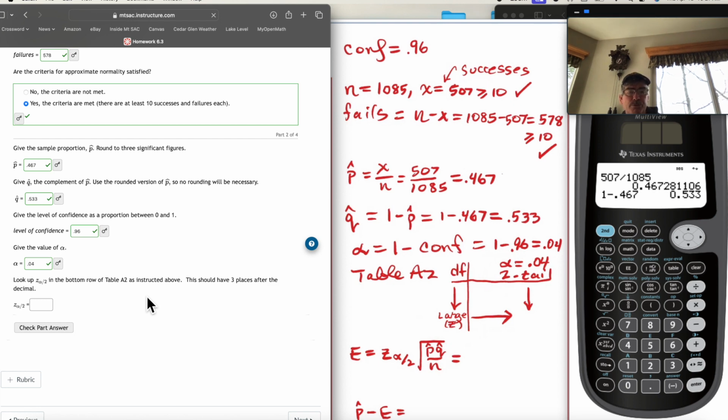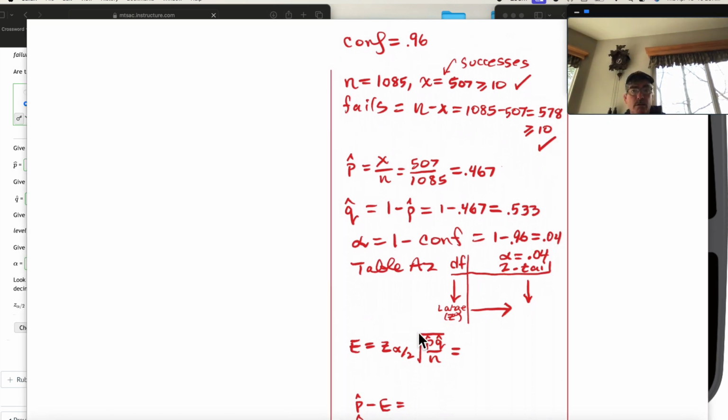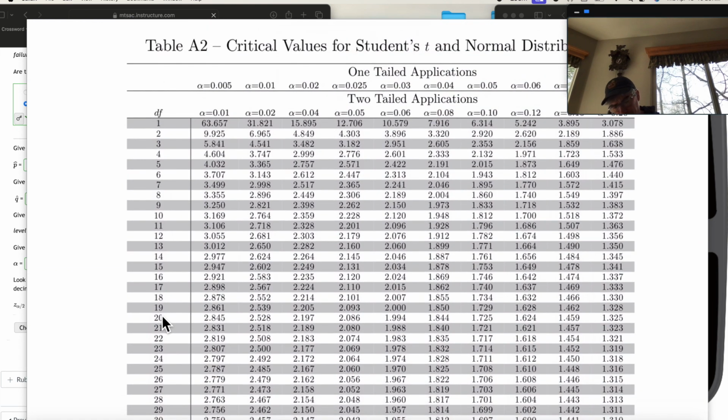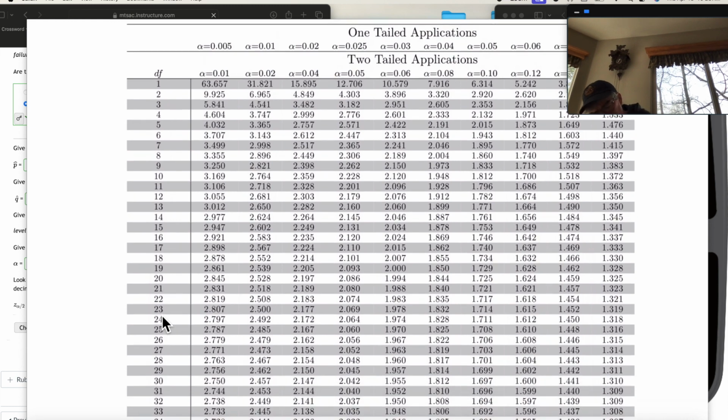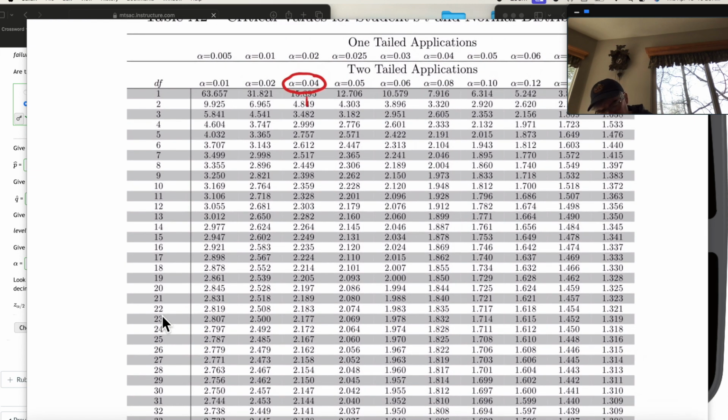So 0.04, 2 tail, that's all we need to worry about here. All right, so we are going to go on up with a 0.04, 2 tail. So here's 0.04, 2 tails. Remember, it's under 2 tails. Bottom row.